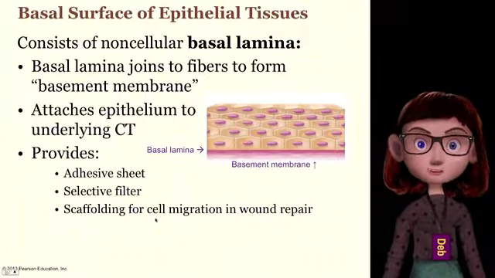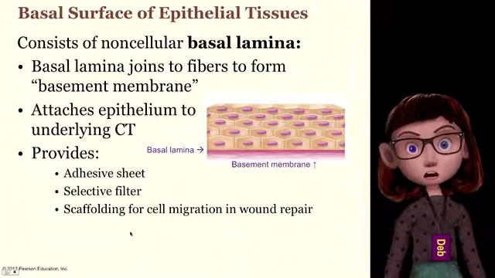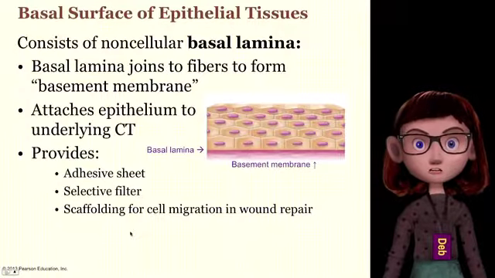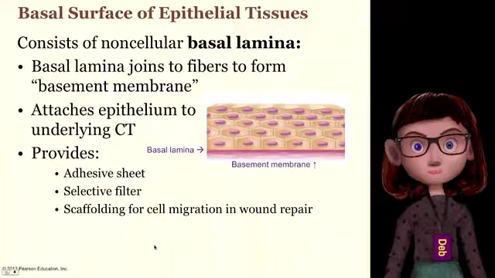Now, if it goes deep, that's what ends up with some kind of scar tissue. But a scaffolding means like a form that the cells can use to migrate to fill in a wound.